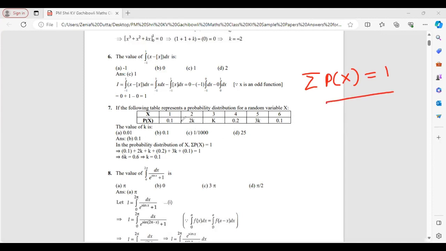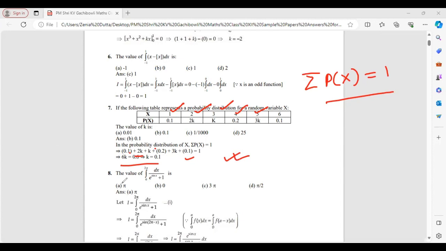And then you will put the values. P of 1 is 0.1, P of 2 is 2k, P of 3 is k, P of 4 is 0.2, P of 5 is 3k, and P of 6 is 0.1. And then after solving, you get k as 0.1.